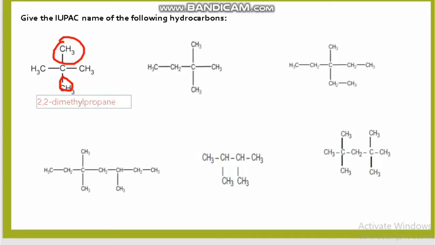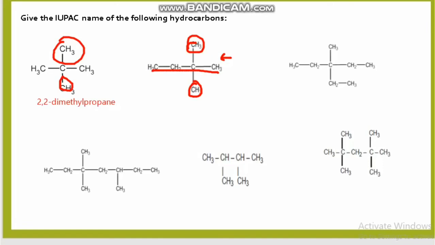In the second structure, we have a main chain of 4, and we have 2 branches. Now we have to number from this side because this carbon atom will receive the number 2, while if we number from the left, it's going to receive the number 3. So we're going to number from the right.